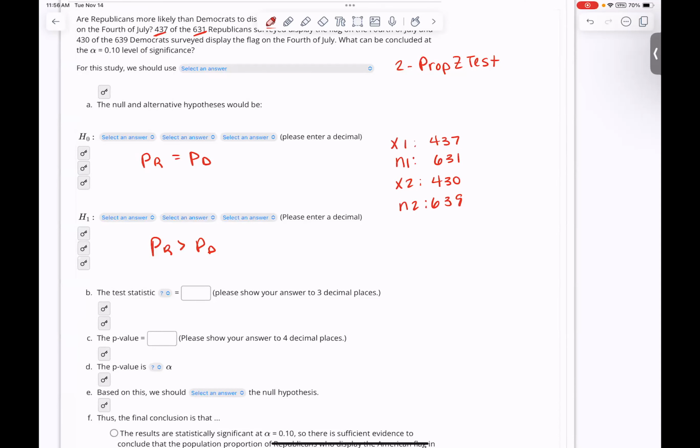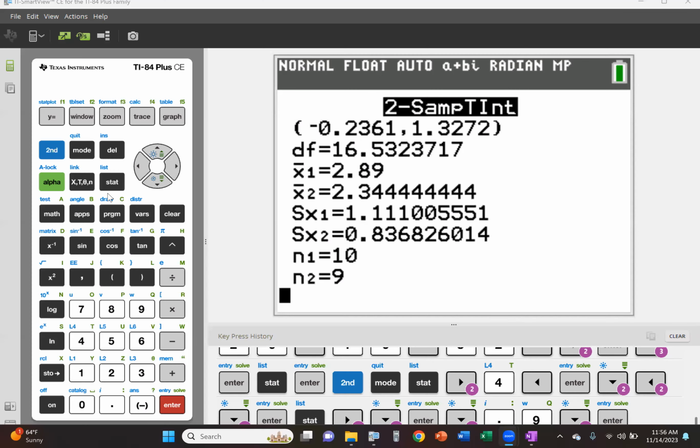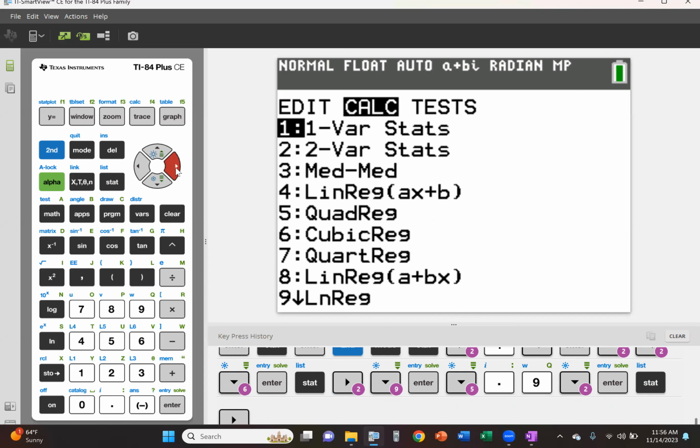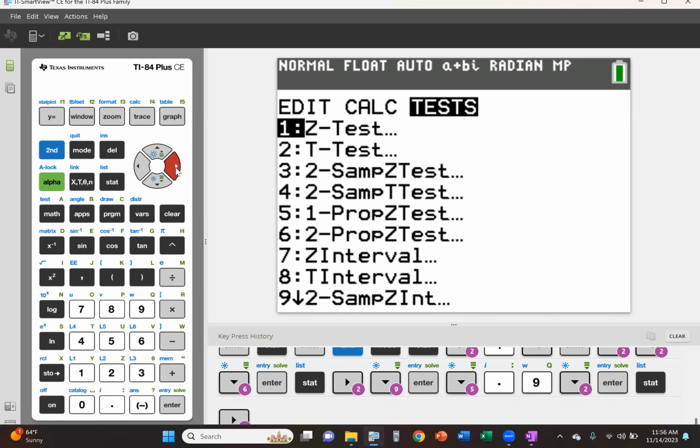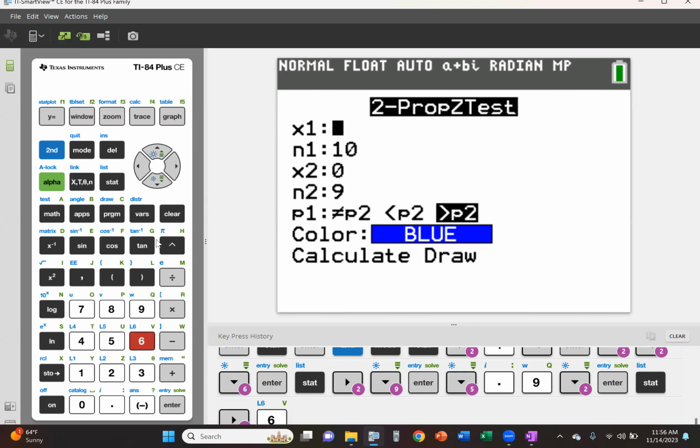Let's go share our calculator. Okay, so go stat, test. We're going to do a 2-proportion z-test. 2-proportion z-test is number 6. And we have 437 Republicans out of 631 flew the flag on the 4th of July.